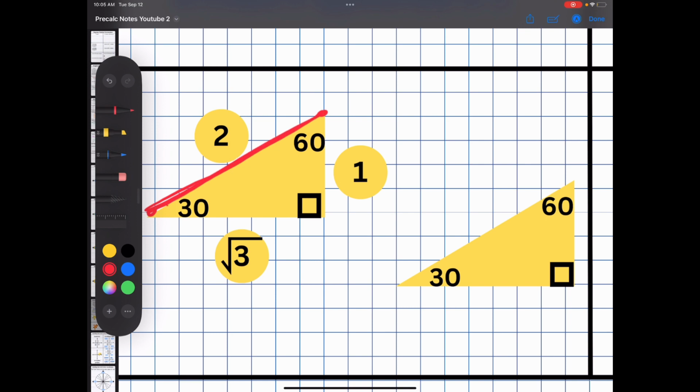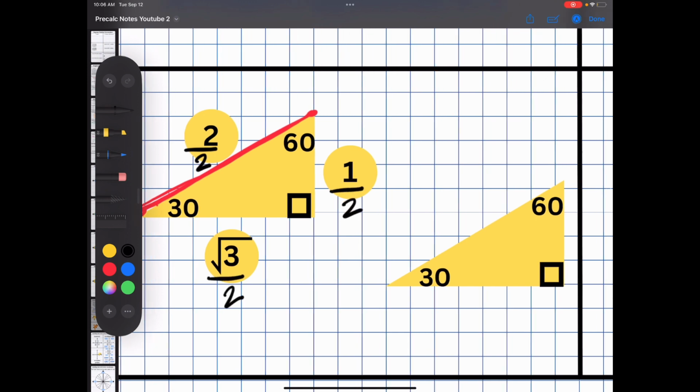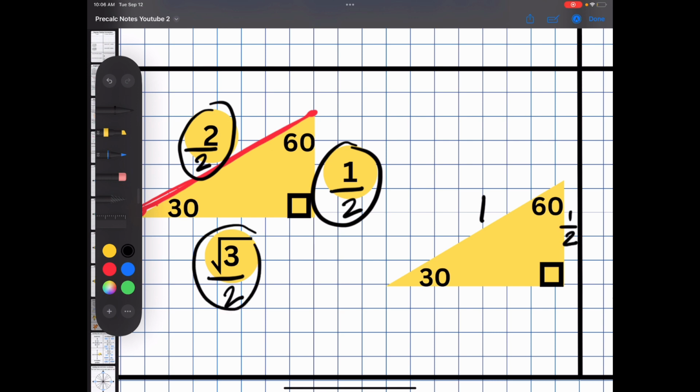And I need my hypotenuse to equal 1. So same thing, I'm going to divide by 2. 2 divided by 2 is 1. And I need to do that to all of my sides. So if I simplify 2 divided by 2, I get 1. My 1/2 stays as 1/2. And then I have radical 3 over 2. So moving forward, I'm going to be using this triangle here when I'm working on the unit circle.